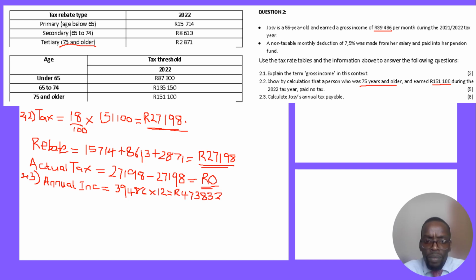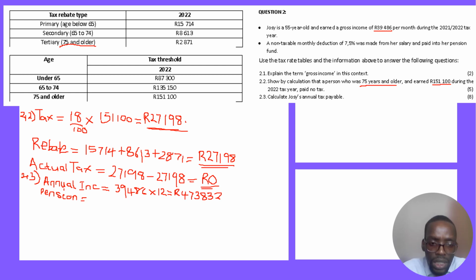This is gross. Okay, then we also have the annual pension for Josie. If we look at the pension there, it's this amount times 7.5%, because we are told that a non-taxable monthly deduction of 7.5% was made from her salary and paid into her pension.